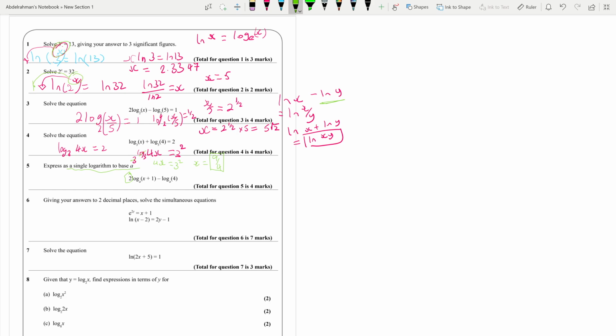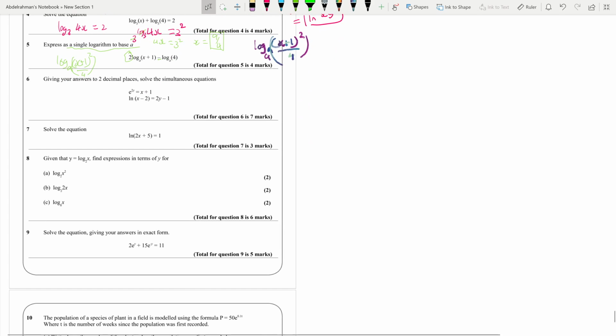If you want to reverse the operation, you can do log a (x plus 1) squared, minus means division, over 4. So the answer will be log a (x plus 1) squared over 4. Okay, that's three.